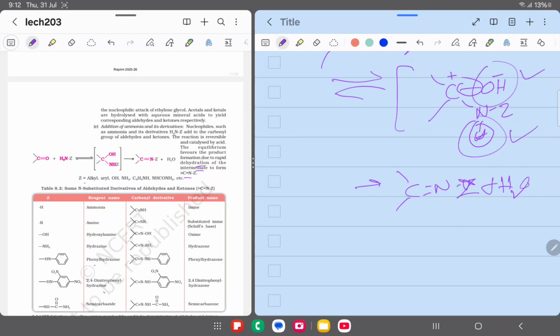The equilibrium favors the product formation due to rapid dehydration of the intermediate to form the double bond C=N-Z. So dehydration of this intermediate favors the forward reaction.